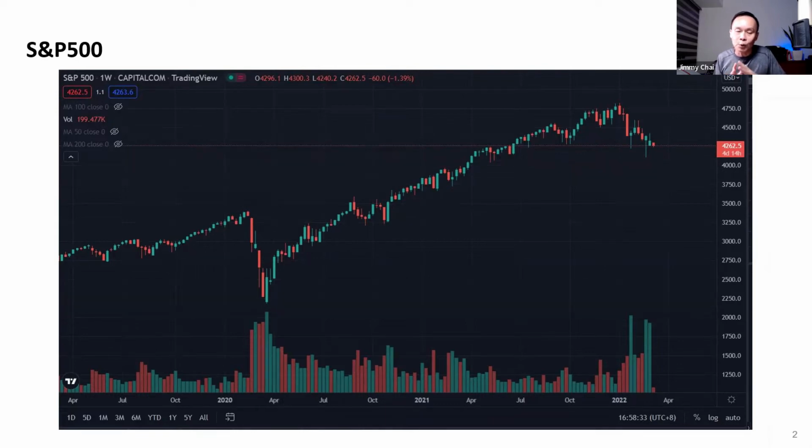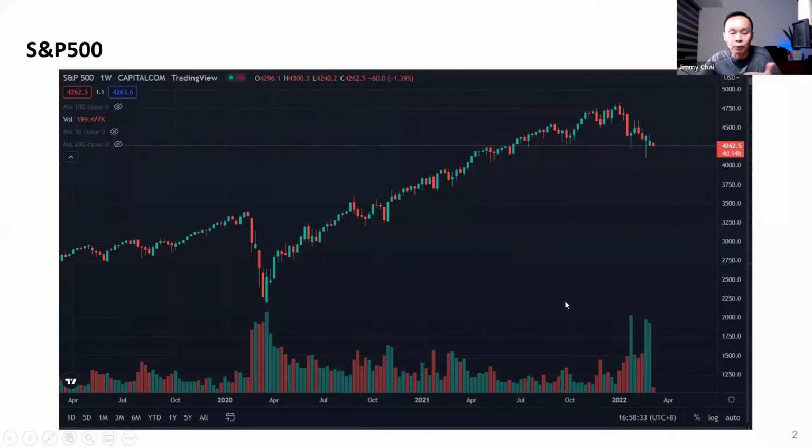I will just use a very broad example. In the US market, there's an index called the S&P 500. Essentially, this index comprises 503 companies, and it is computed on a daily basis. This is how the S&P 500 has performed over the last 3 years.